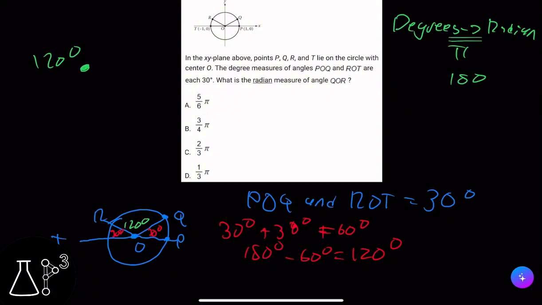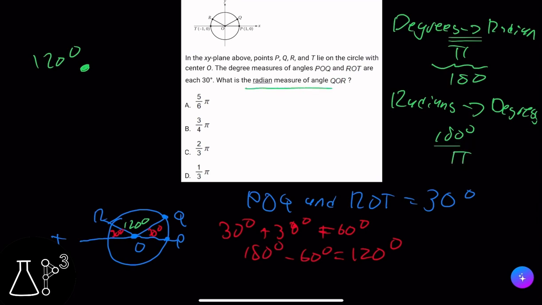And when you go from radians to degrees, you do the opposite: multiply by 180 divided by pi. In this case, we're looking for the radian measure of angle QOR. We're given the degrees, so we want to convert it to radians. So we do 120 degrees multiplied by pi divided by 180 degrees.